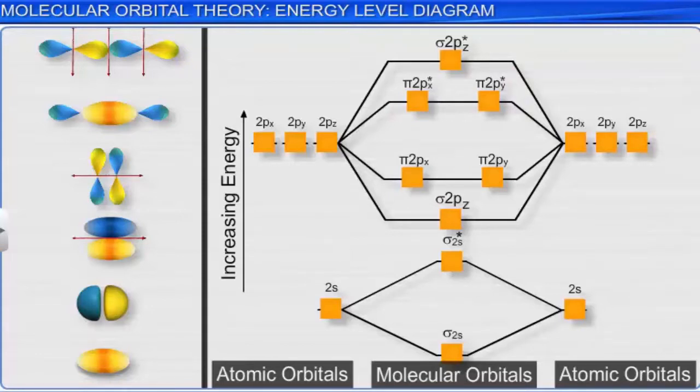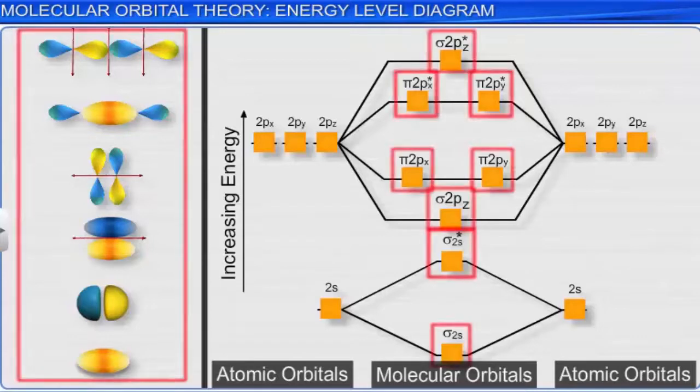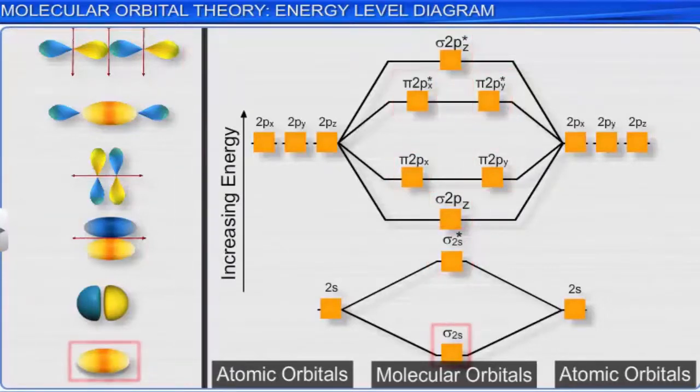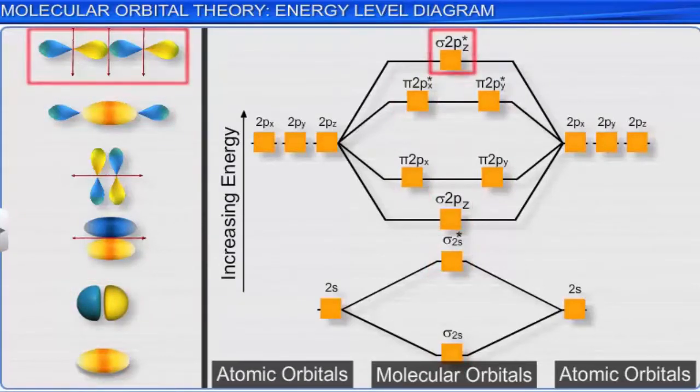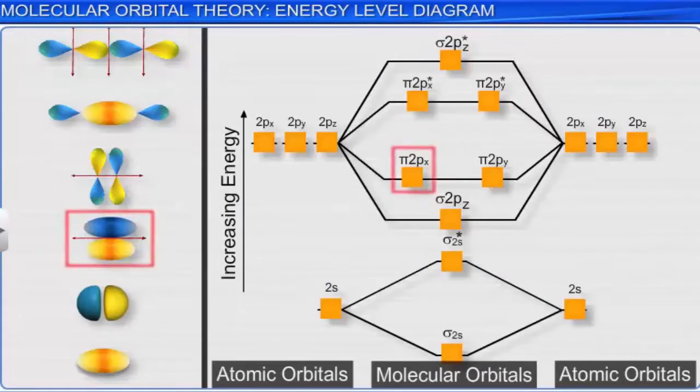Thus, the interaction between the valence shells of two oxygen atoms leads to the formation of 8 molecular orbitals: sigma 2s, sigma star 2s, sigma 2p, sigma star 2p, pi x, pi y, pi star x and pi star y.